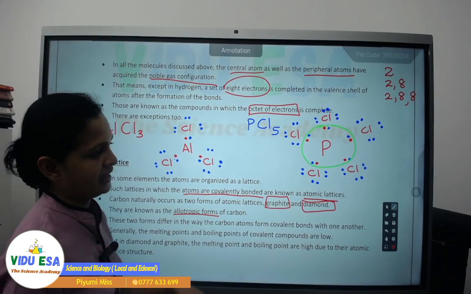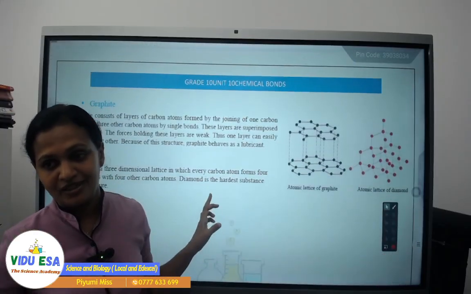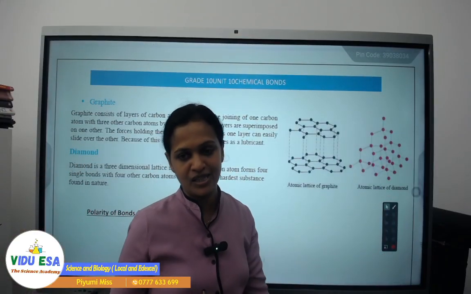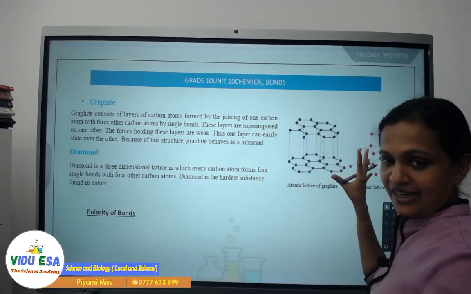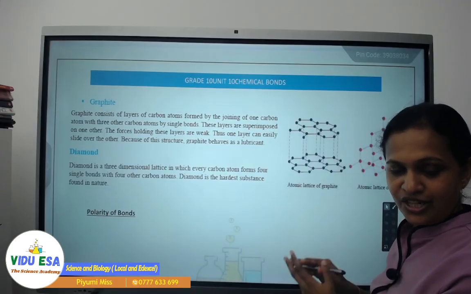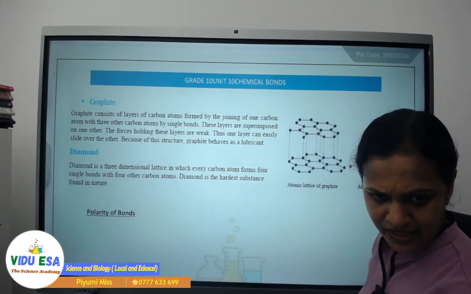When they make a lattice, what happens? When we are melting, we have to break these bonds, right? Since they make a strong lattice, we have to apply more energy in order to break the bonds. That is why they have high melting points and boiling points.